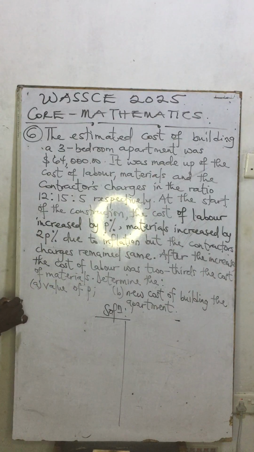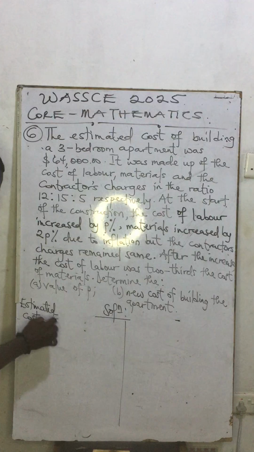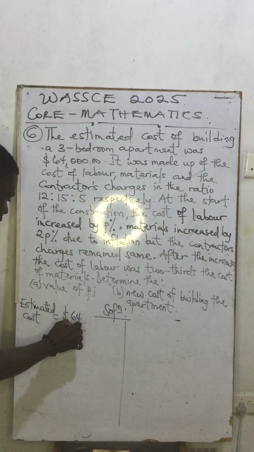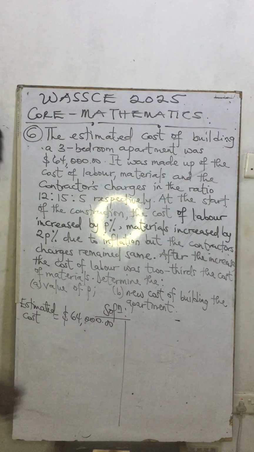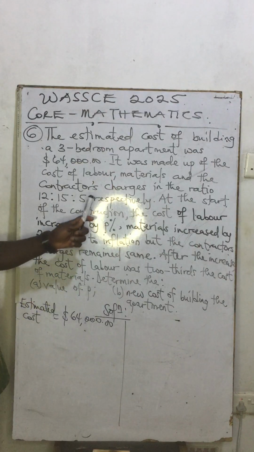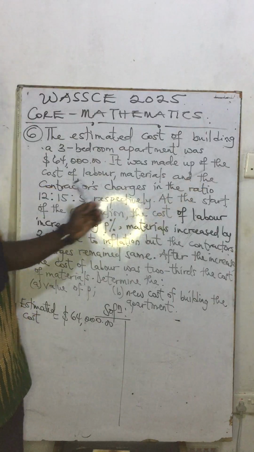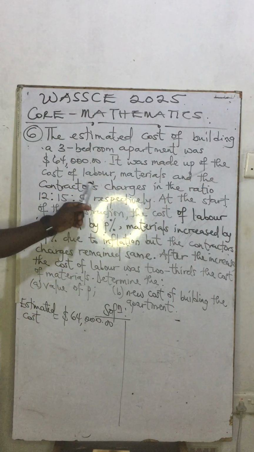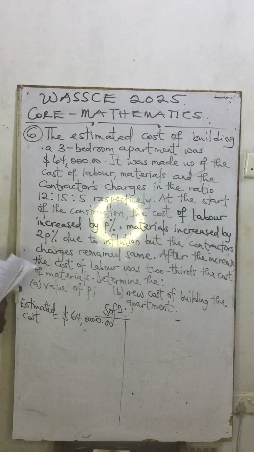So the total cost of building the 3-bedroom apartment is $64,000. It was made up of the cost of labor, materials, and the contractor's charges.